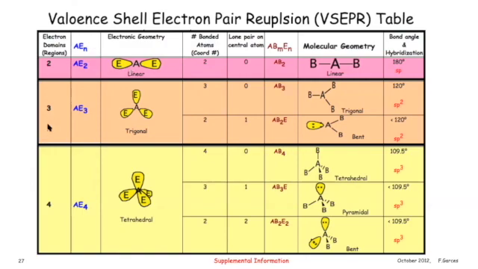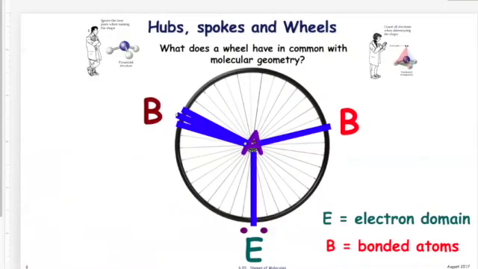If you have 3, then the electronic geometry is trigonal planar, no doubt about it. If you've got 4, the electronic geometry is tetrahedral. You don't have to think about it, it's there. Now, what you need to do next is look at those domains. Think of it as spokes on a wheel. We have 3 spokes here, 3 domains. But look at the ends of the spokes of the wheel.